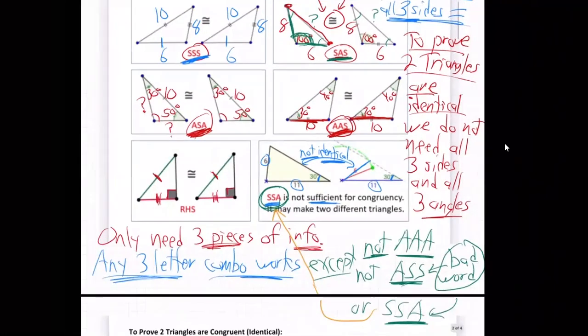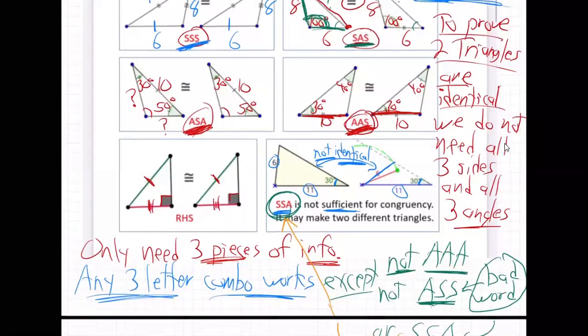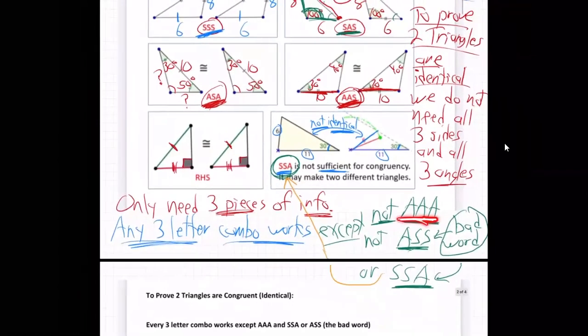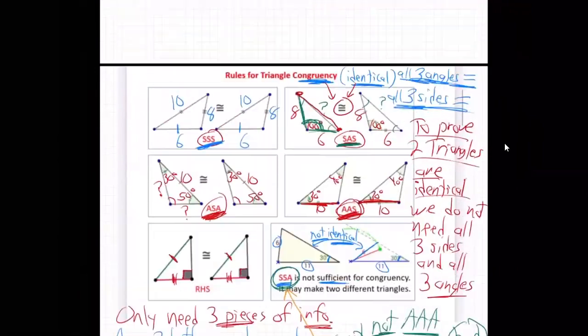So basically, moral of the story, final takeaway, you only need 3 pieces of information. Any 3-letter combo works, except 2 exceptions. The AAA doesn't work. You don't see AAA up here. And the bad word forward or backwards does not work either.